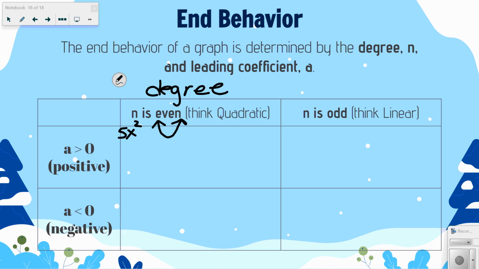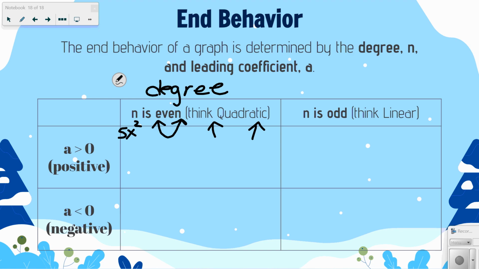So my ends go in the same direction, meaning if I have a positive coefficient and an even degree, both my ends go up and up. What's happening in the middle, how many times my graph turns, is just dependent on the degree, but anytime my degree is even, they both go up and up.